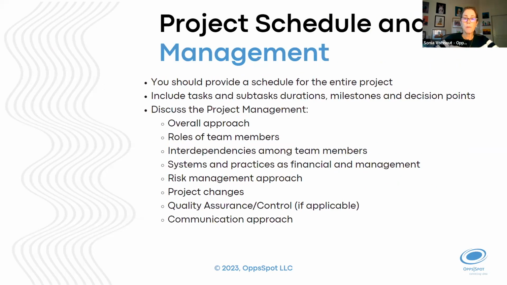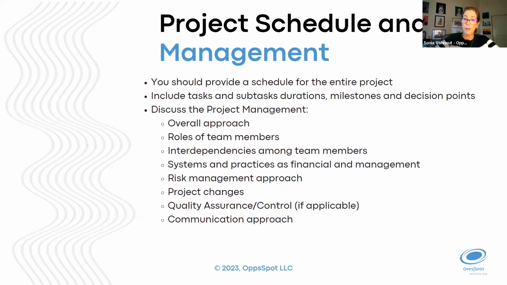For the project management, again, we're looking at identifying risks and mitigating them. So when you're discussing your project management process, what's your overall approach? What are the roles of your team members? What's the relationship between them? What practices are you going to be using for both financial and managing the progress of your project and the work that your team members are going to be doing?